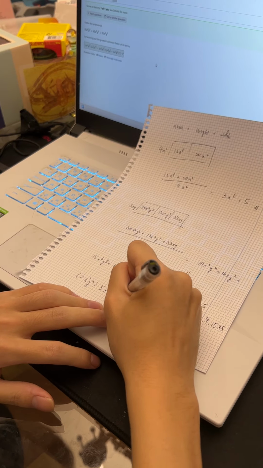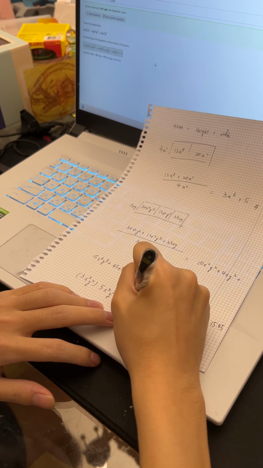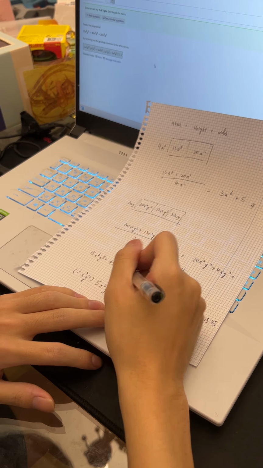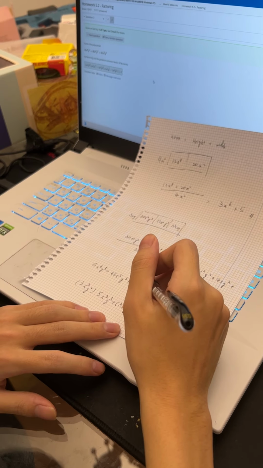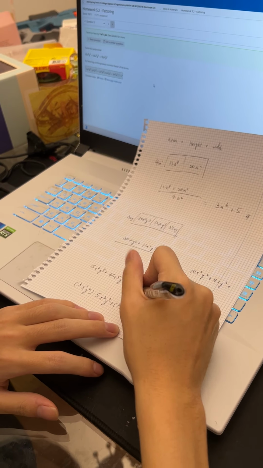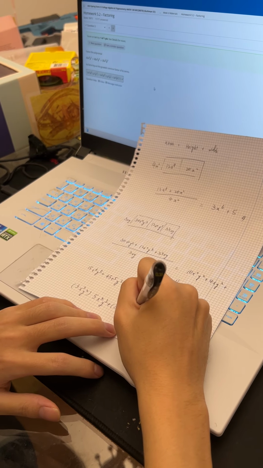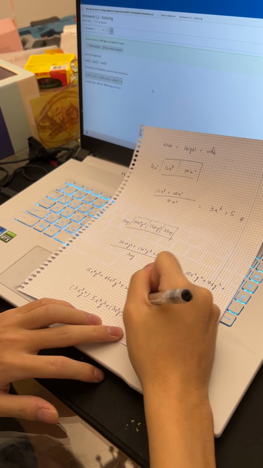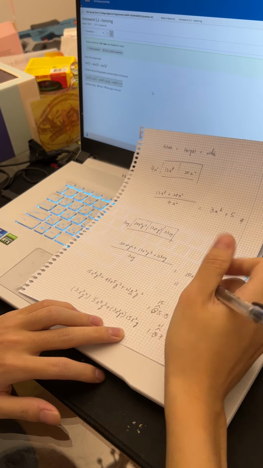45, because it's the common factor, so we have to write it down again. And 45x to the 5th, y to the 3rd divided by 3x to the 3rd, y to the 2nd will be 15x to the 2nd, y.